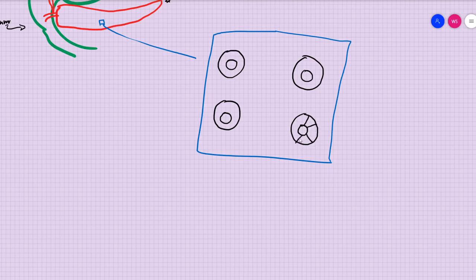So these are all basically depiction of how a typical cell would look like. And these cells obviously would have the nucleus. Okay, so those are the nuclei that I'm trying to draw here.